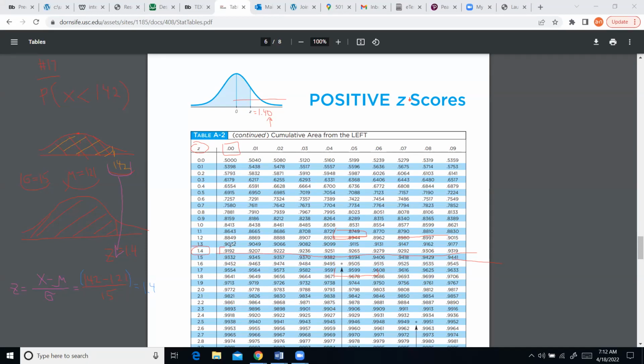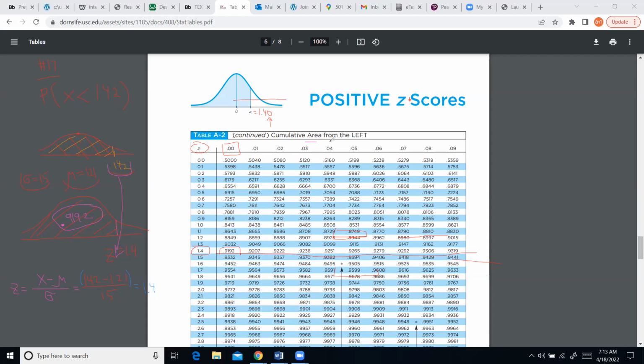Looks like so far we only used the first column in here, and that tells me the number 0.9192 in a row next to 1.4, and in a column that corresponds to 0.00 underneath. So let me write this down. So it'll be 0.9192. And this is exactly the area from that value of Z to the left.